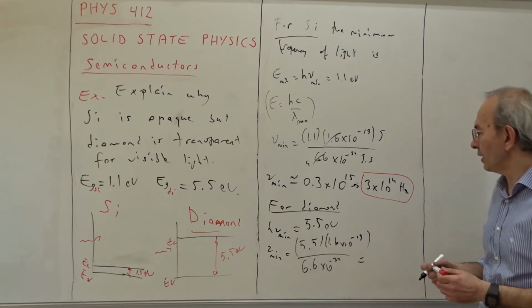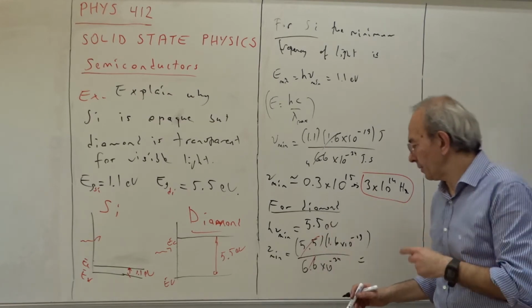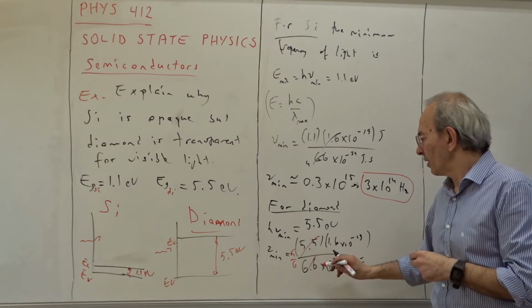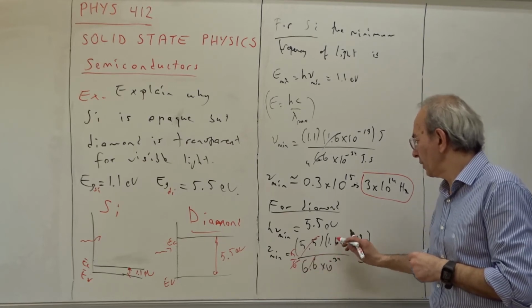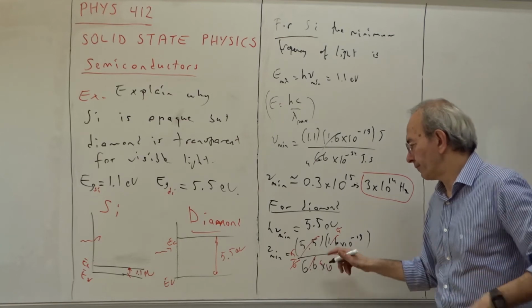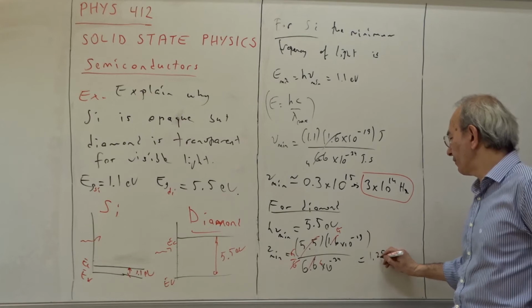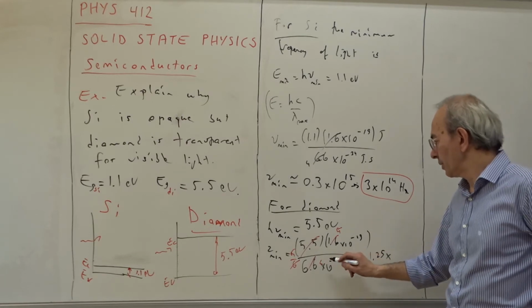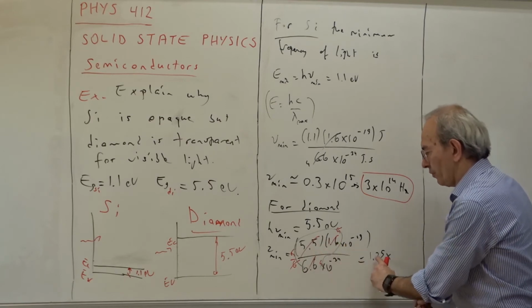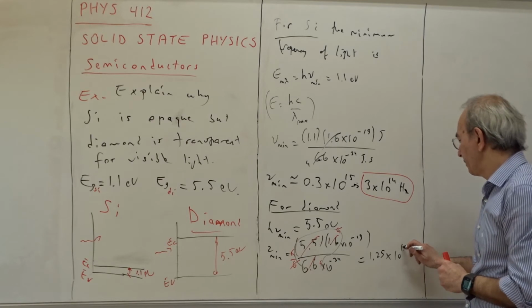So what is the resulting value? Now these can be simplified by 5 over 6. So this is again 1.6 over 4, so 5 over 4. 5 over 4 is approximately 1.25. And the rest is 10 to the plus 15.